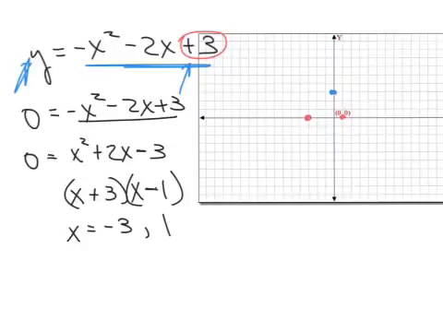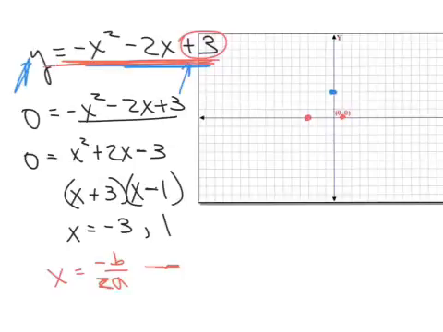Okay. Alright, so the only other thing I don't know yet is where the vertex is. But my vertex I do know is at negative b over 2a. And again, I keep referring back to the bottom of page 633. Alright, so what is my b? Looking at my original problem up here, my b is negative 2, and it's over 2a.